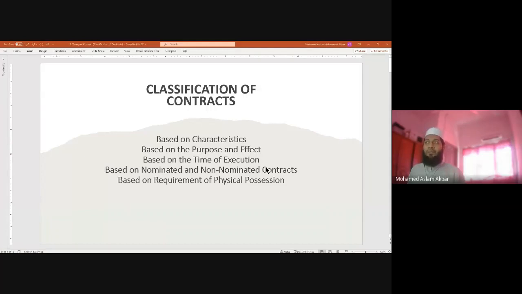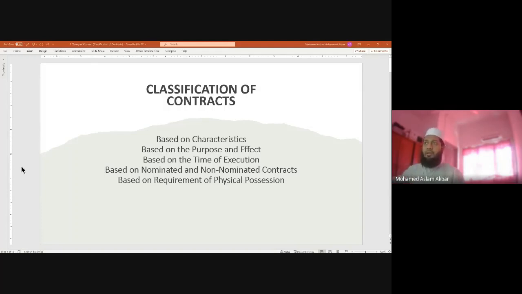Now when it comes to contract, everything that we are going to talk about is around the 5 types of classification that you have already learned before. But now you are going to put those things into 5 types of classification.